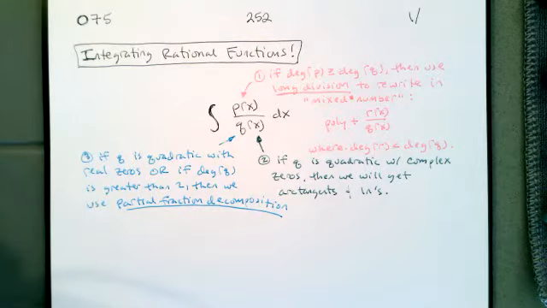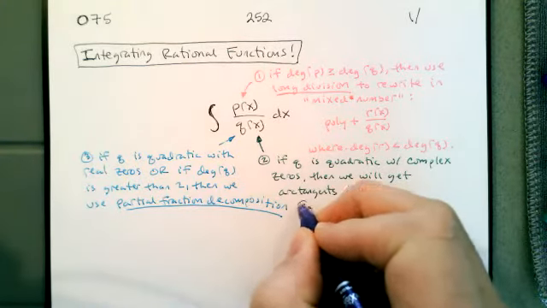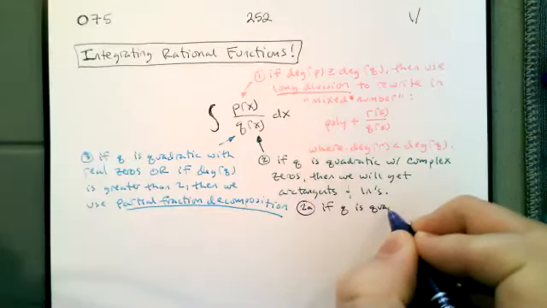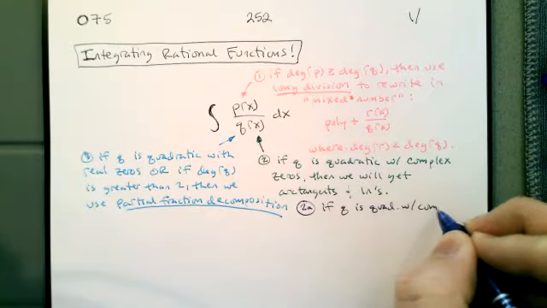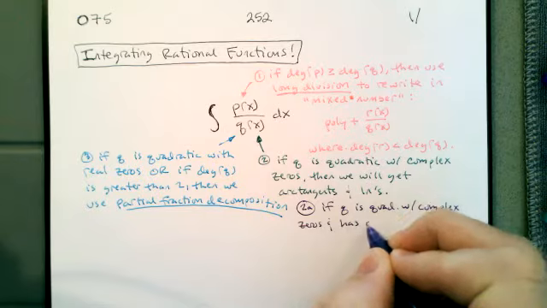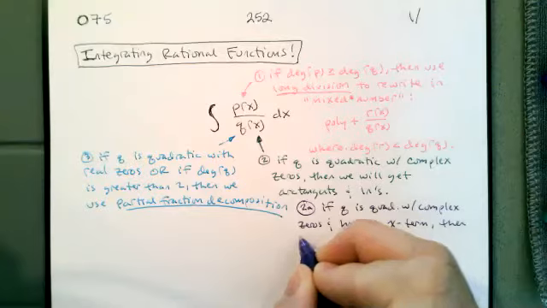So the addendum to this, the fourth thing, which is less of a thing, is that if q is quadratic with complex zeros and q has an x term, so there's like a 2a, then we complete the square.